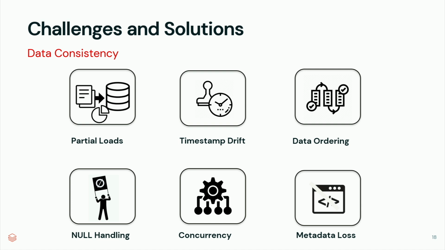We addressed concurrency by leveraging Delta Lake's ACID transactions, which handled parallel write safety, which was needed. And to avoid any metadata loss, we automated the schema and lineage capture from Snowflake and restored it into the Unity Catalog, ensuring that governance never skipped a bit.